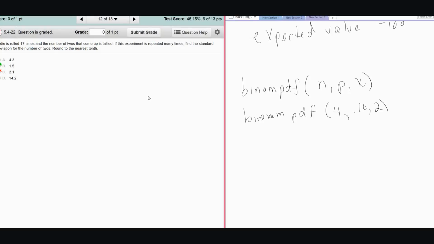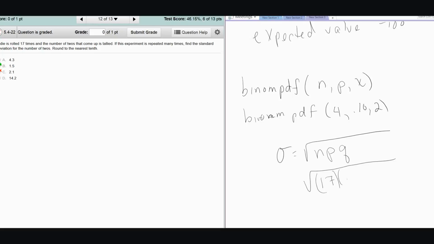It says a die is rolled 17 times and the number of 2s that come up is tallied. If this experiment is repeated many times, find the standard deviation for the number of 2s. This is a binomial situation, so the standard deviation is going to be that formula we did before, the square root of npq. Here we're rolling it 17 times, so that's our n.